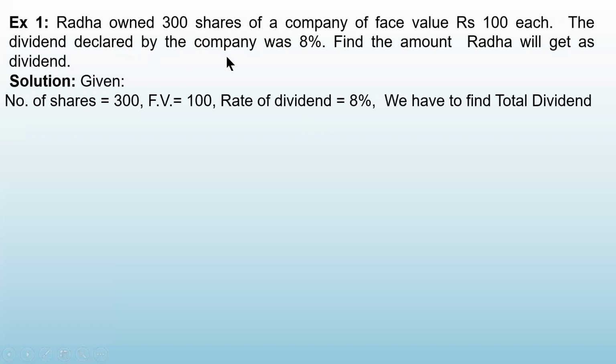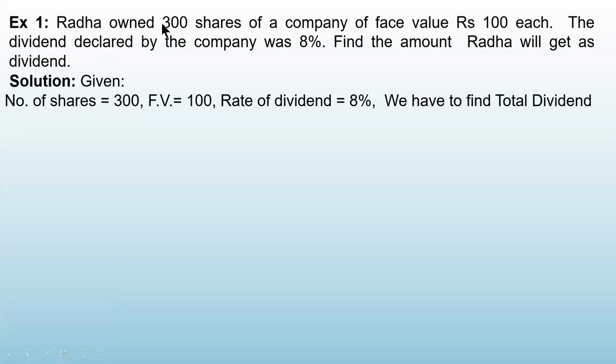The dividend declared by the company was 8%. Find the amount Radha will get as a dividend. Whenever a question is given to you, always try to read it very slowly. Try to understand it. If you don't understand in one attempt, read it twice, thrice, and slowly, and write down what are the given things and what is asked to calculate.